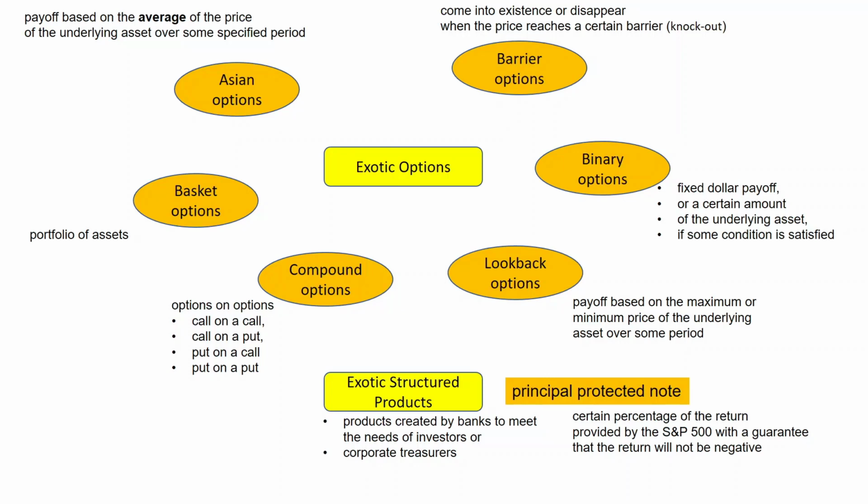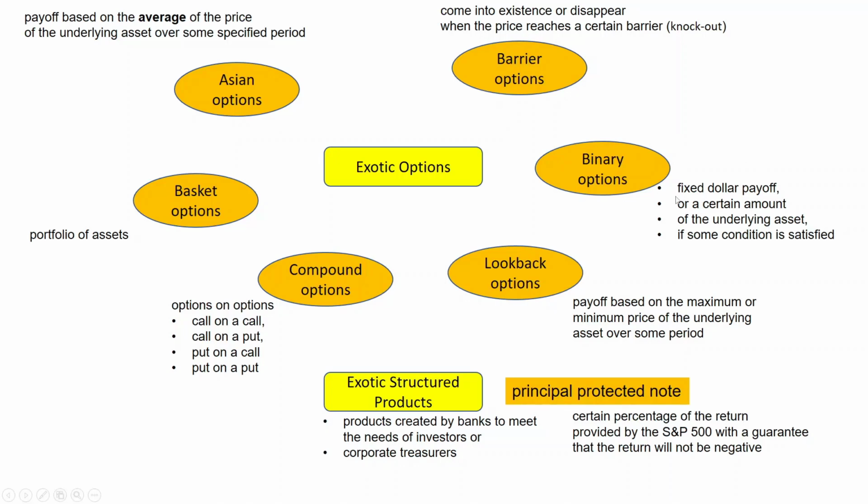So we are not focusing on the spot price, but on what happened on average, which seems to be nice. Then barrier options come into existence or disappear when price reaches a certain barrier. So there are knockout levels. It's like capping the market.